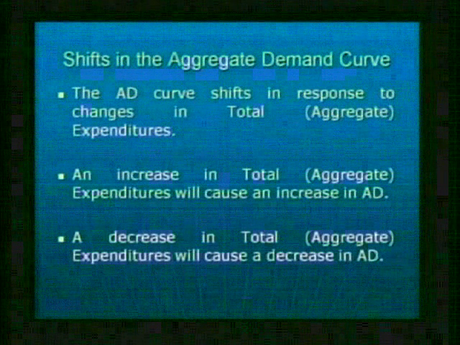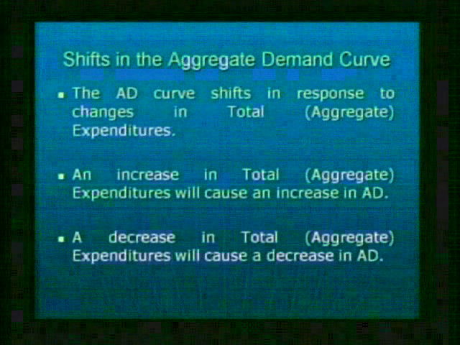And I'll remind you that we're not talking about a movement along the aggregate demand curve, we're talking about a movement of the entire curve. So this is either an increase or a decrease in aggregate demand, not a movement along the line.